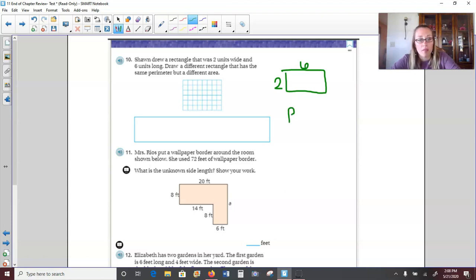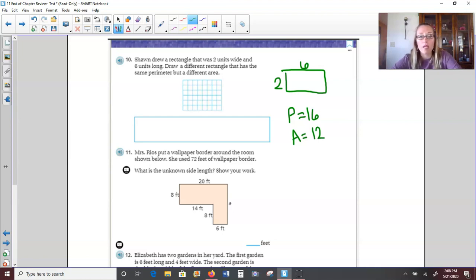So the perimeter of this shape would be adding 6 plus 6, which is 12, plus 2 more, which is 14, 2 more, which makes 16. And then the area of his rectangle would be 2 times 6, which is 12.